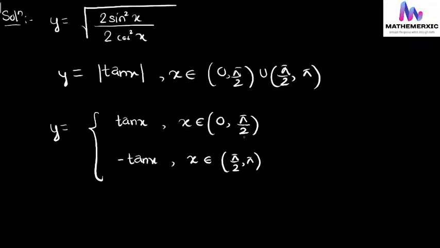So in 0 to pi by 2 we have an increasing positive function, and in pi by 2 to pi we have a negative or decreasing function.